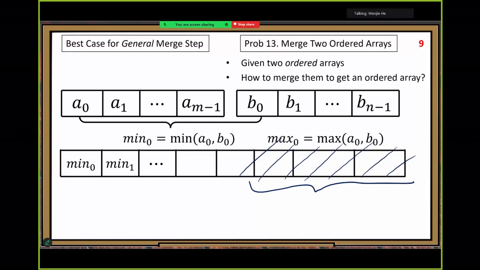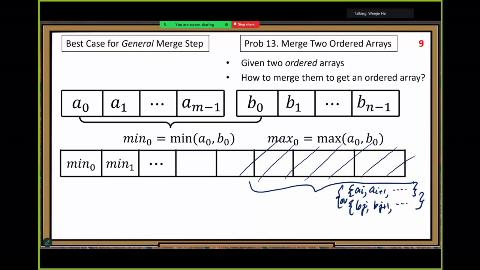Then after some point, suddenly you reach a special tail situation that no comparison is needed. From our worst case analysis, we already see the tail situation should correspond to two possible tail situations. One is A_i plus 1 all the way to the end.